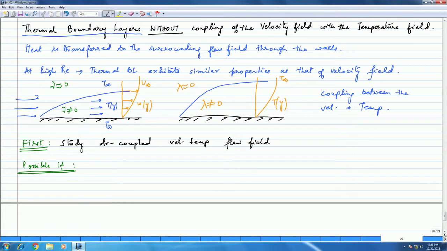Now, physically, of course, you can see that we are making an assumption that velocity and temperature are decoupled.